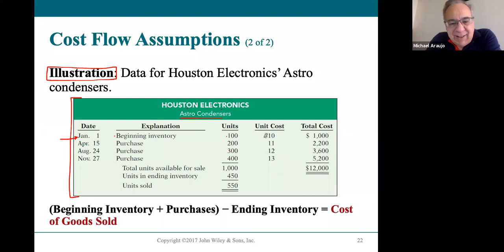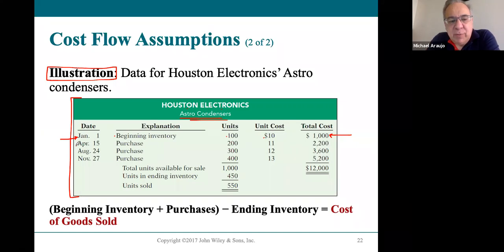They paid, right, the cost to the company, $10 each for these Astro condensers. So they started the year with $1,000 worth of inventory. So this is how we would read this. This is the beginning inventory. This is what they started the year with for this product, 100 Astro condensers.